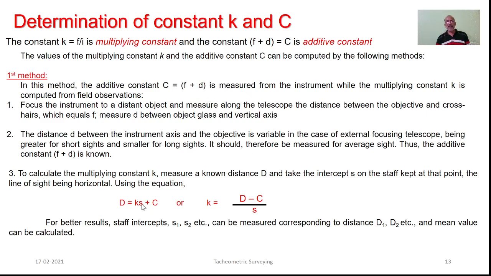The star intercept s can be determined from the difference between the upper stadia and lower stadia star readings. As such, the only parameter k is not known, which can be computed by making use of this first method.